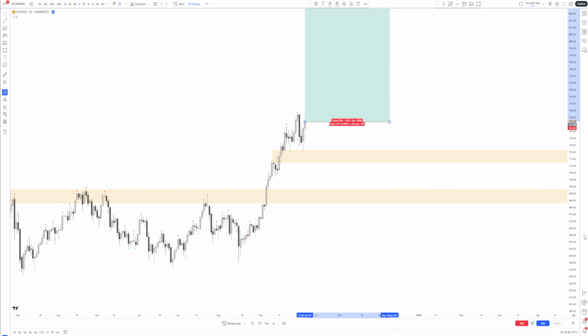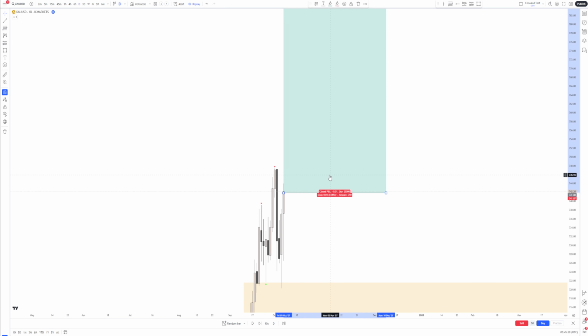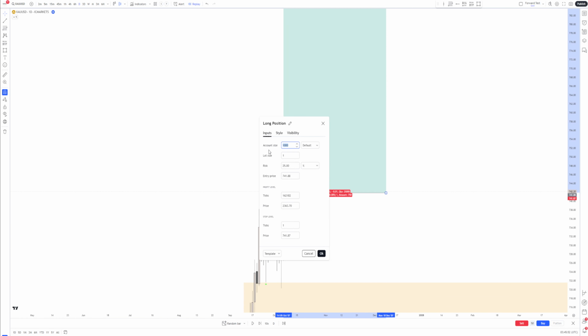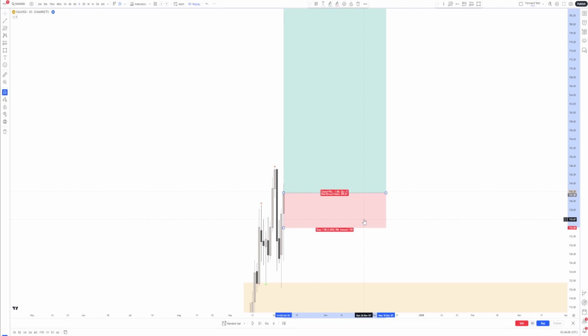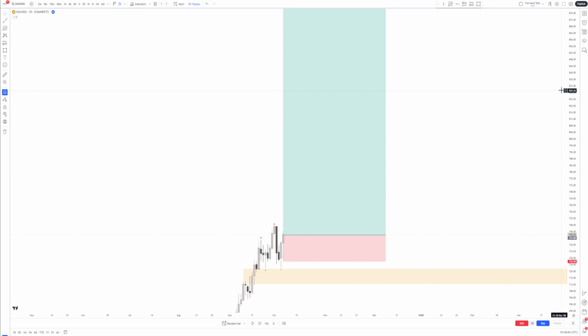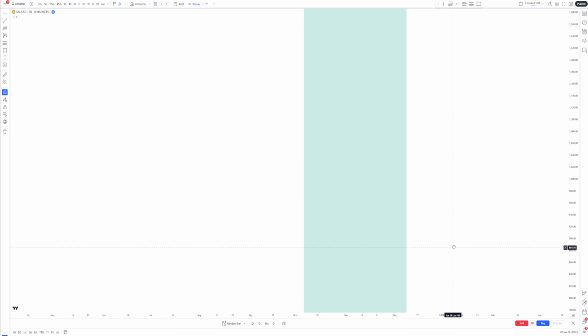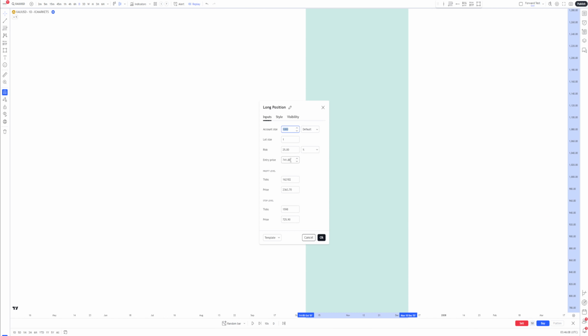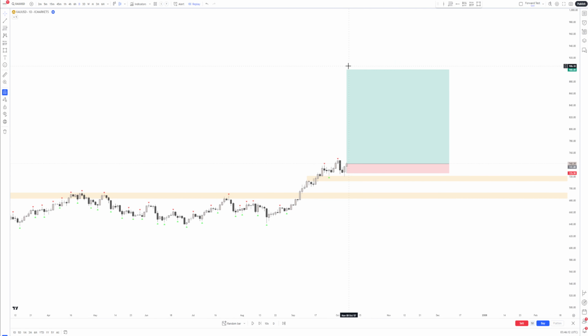Let's see how it plays out. Stop loss below there, and then we are going to aim for a 3 to 1 reward to risk. So let's see what that gives us.